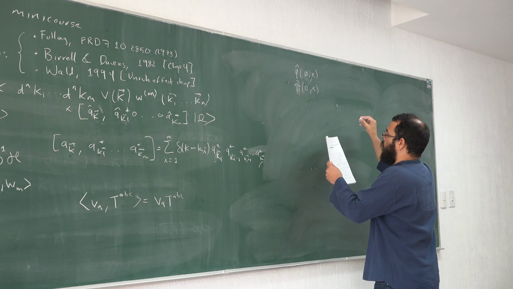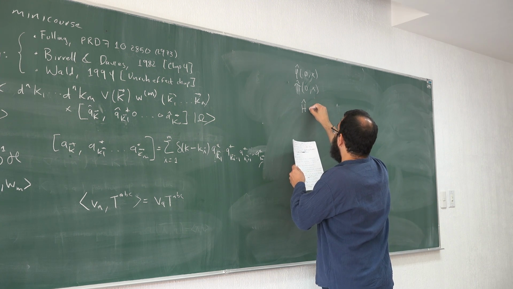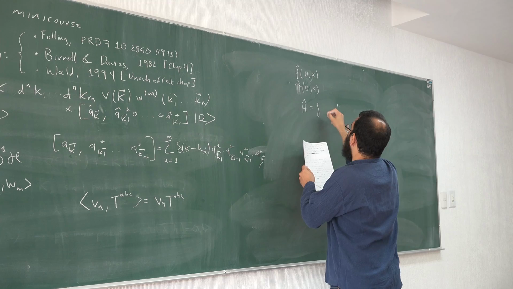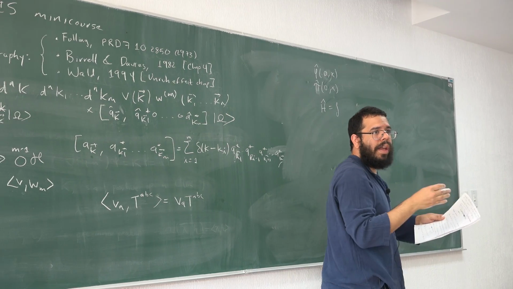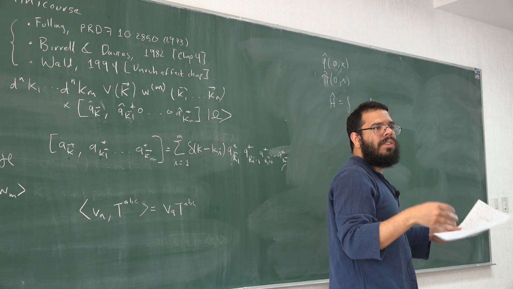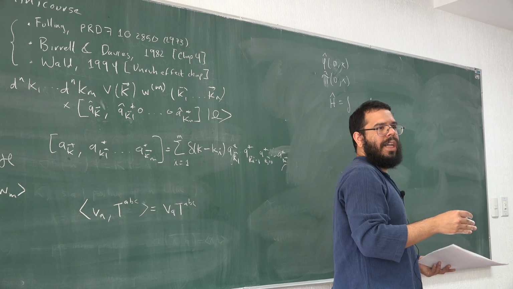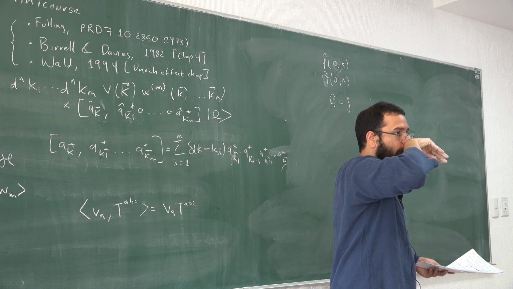And I can evolve them using the Hamiltonian, which you can obtain by writing the functional form of the Hamiltonian in terms of momentum and field in the standard classical field theory way. Then you replace those by these operators, and you get the Hamiltonian.